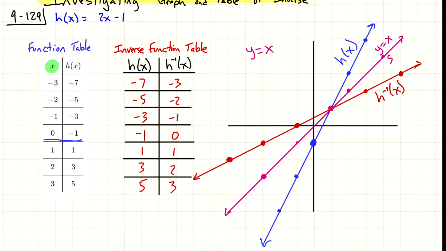Because we're swapping x's and y's, don't forget, this is also our line of symmetry.